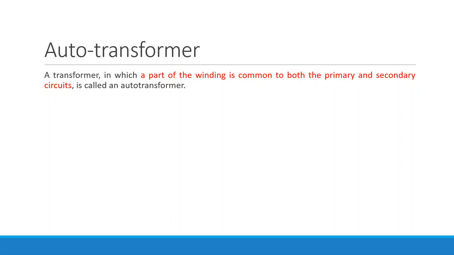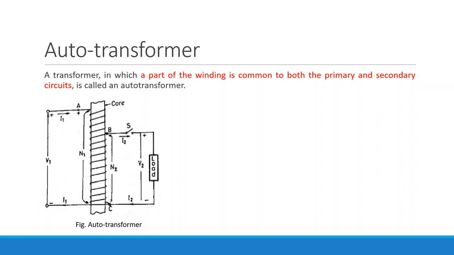So basically it is a transformer which is having one winding, and this one winding is serving the purpose of primary as well as secondary winding. So if you are having such type of transformer, we will call it as auto transformer.